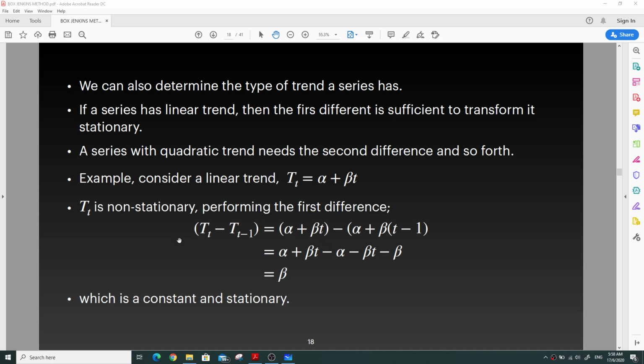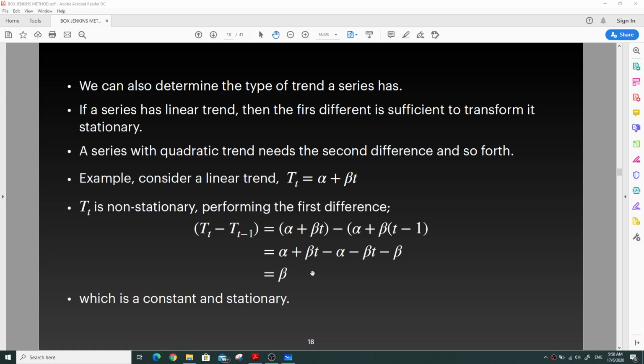Based on our textbook example, here is the linear trend, Tt equals alpha plus beta t. When we perform the first difference, at the end of the difference we get a constant value of beta.